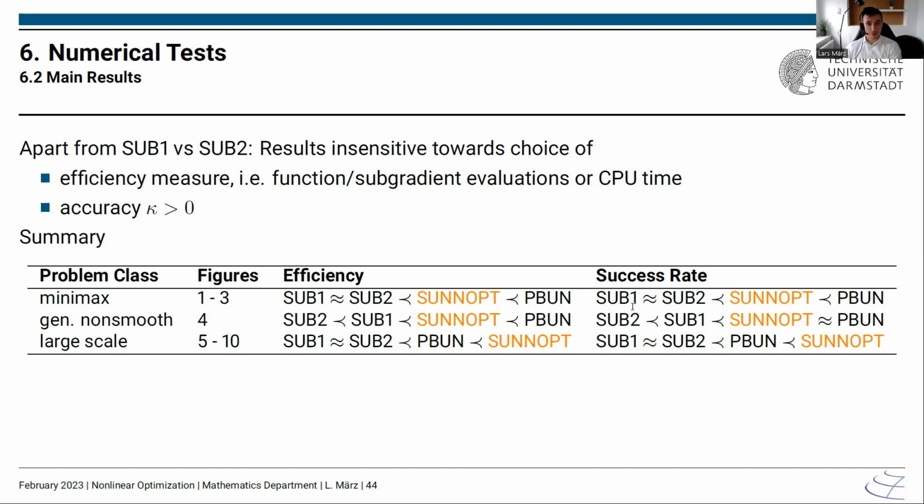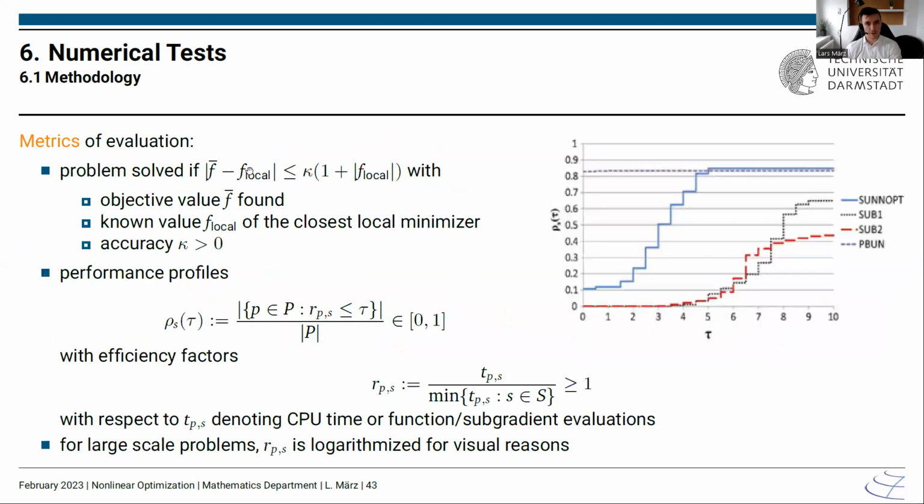For large-scale problems, however, the Quasisecant turns out to be the most performant solver. So it's even better than the proximal bundle method with respect to the efficiency, so the convergence speed, but also the success rate, so the share of problems that could actually be solved with regard to that inequality here.